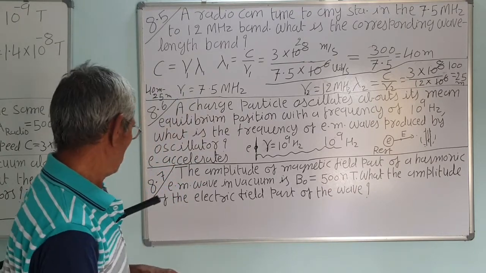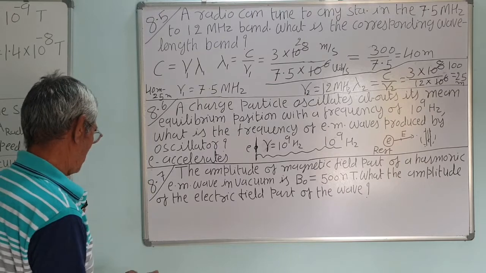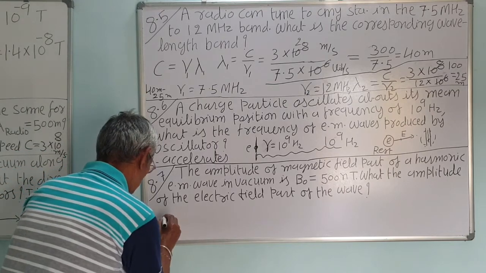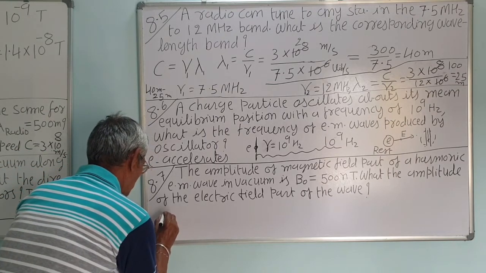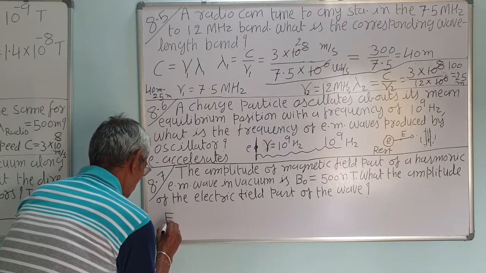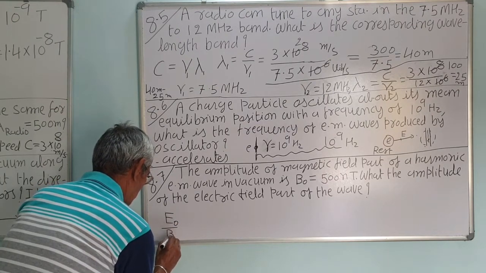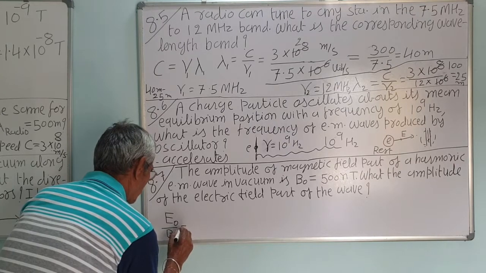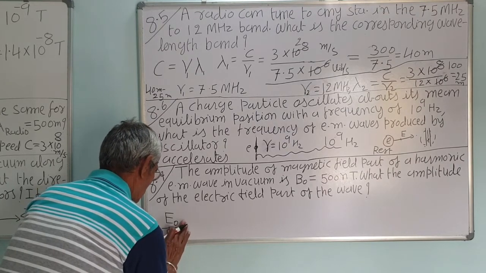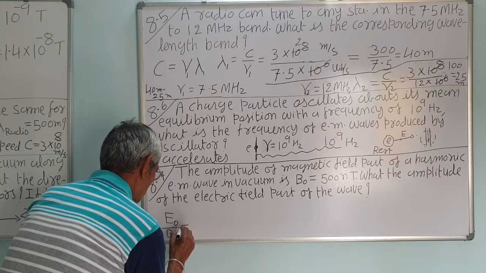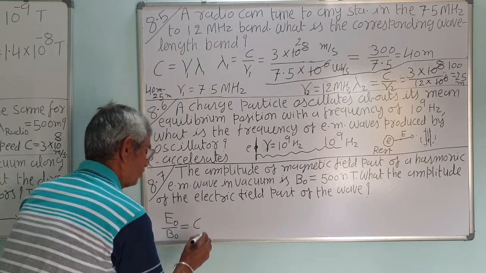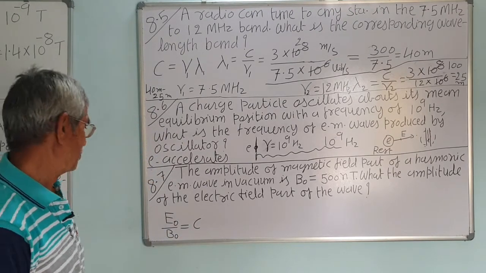You know that the electric field and magnetic field amplitudes are related. The maximum electric field upon the maximum magnetic field is equal to c, the velocity of light. Symbols have their usual meaning.